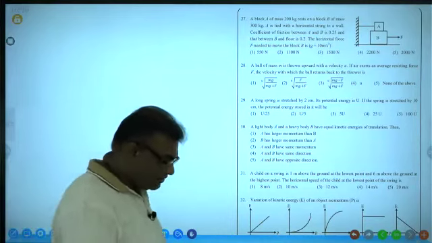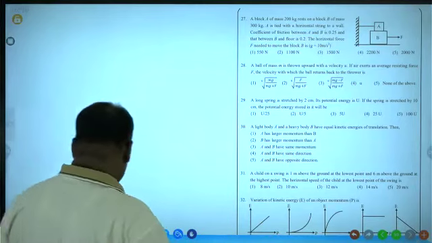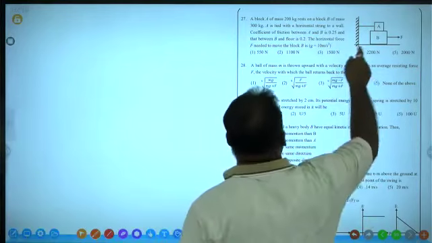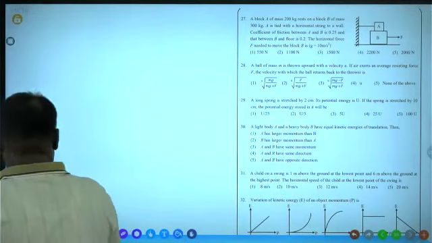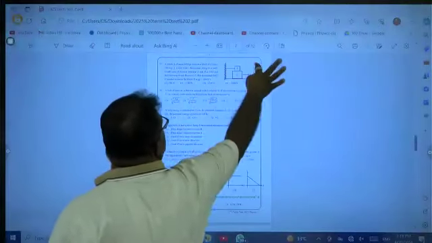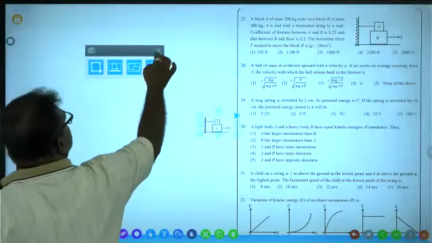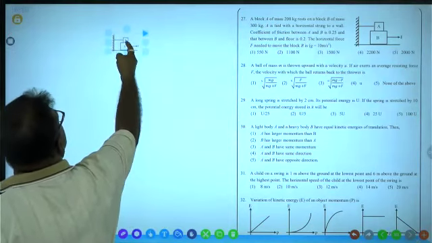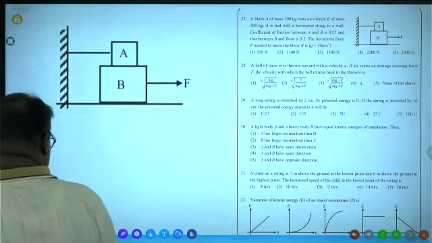The block A of mass 200 kilograms rests on the block B of mass 300 kilograms. Is it like this? The top mass is here, shall we isolate this? Okay.